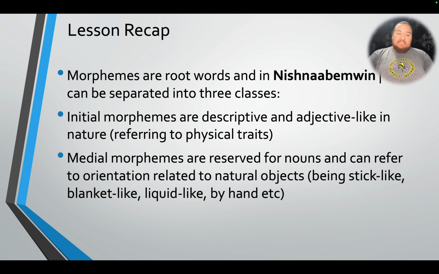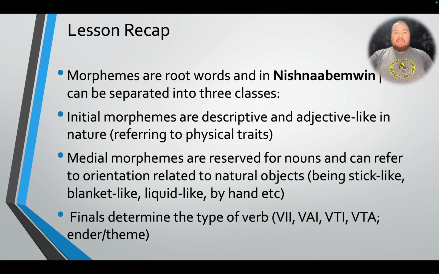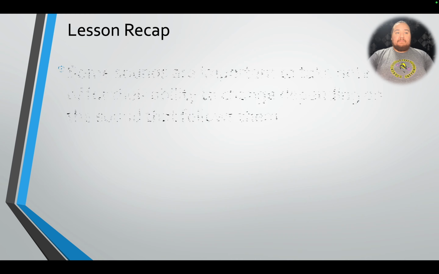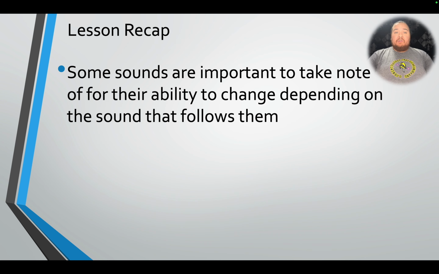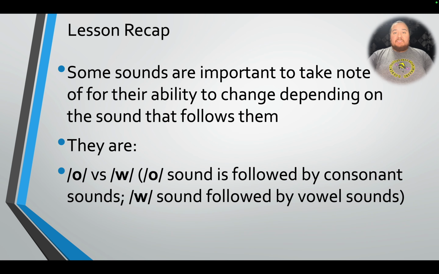So again, something being stick-like, blanket-like, liquid-like, or by hand, etc. And finals determine the type of verb, whether VII, VAI, VTI, VTA, and its ender. Some sounds are important to take note of for their ability to change depending on what follows them. So they are O versus W. O sound is followed by a consonant sound, and a W sound is followed by a vowel sound.